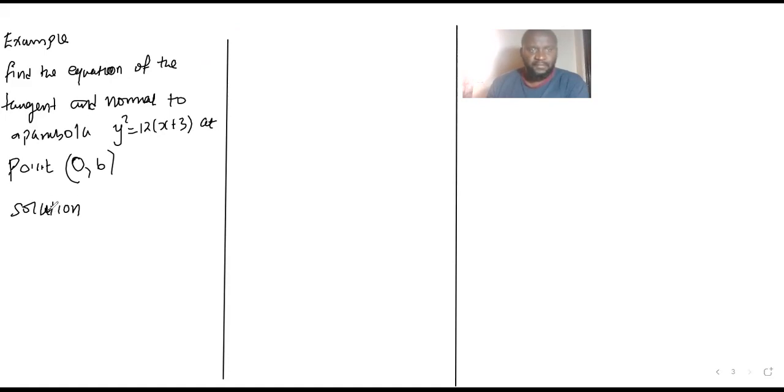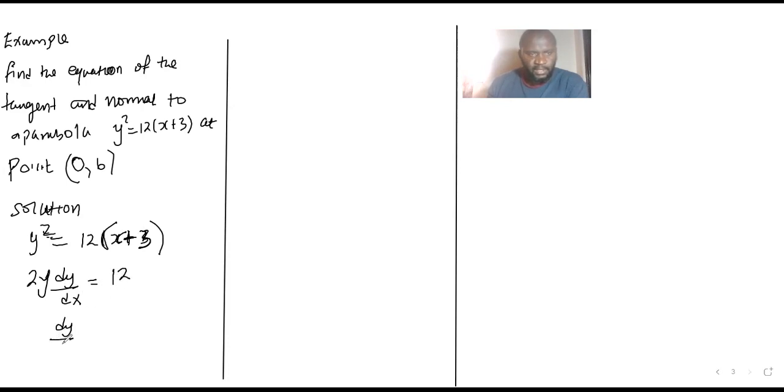From y squared is equal to 12 of x plus 3, we can see that 2y dy/dx is equal to 12.